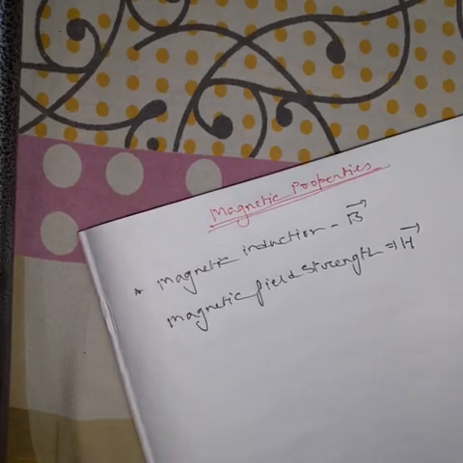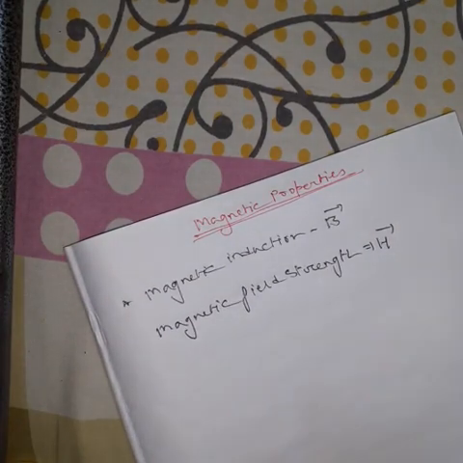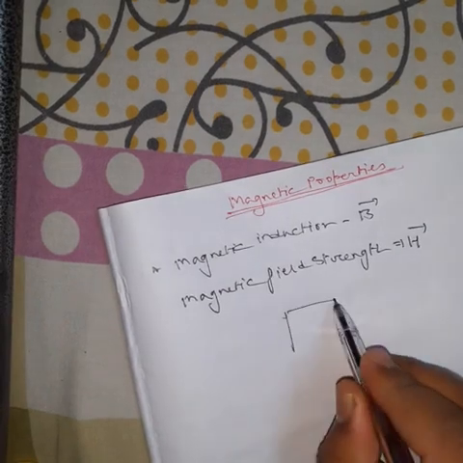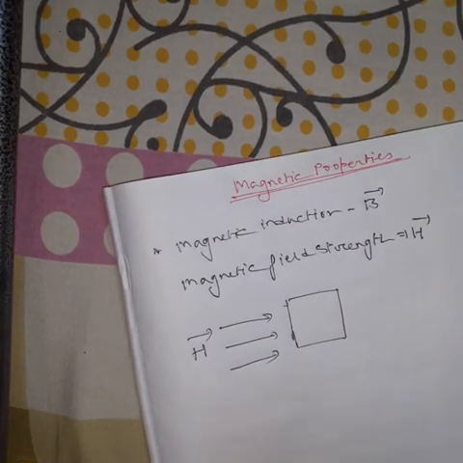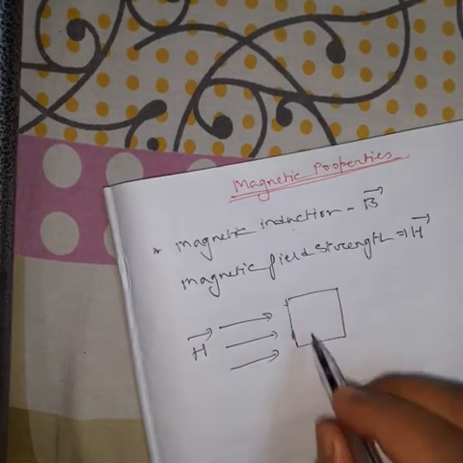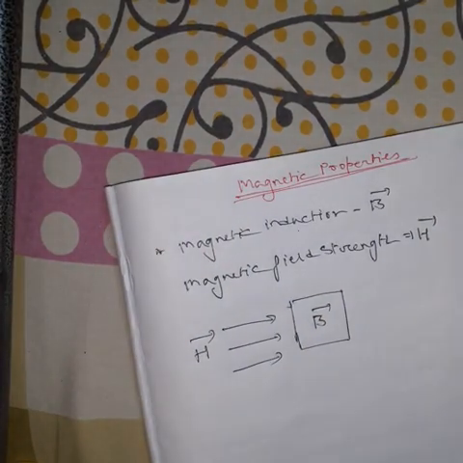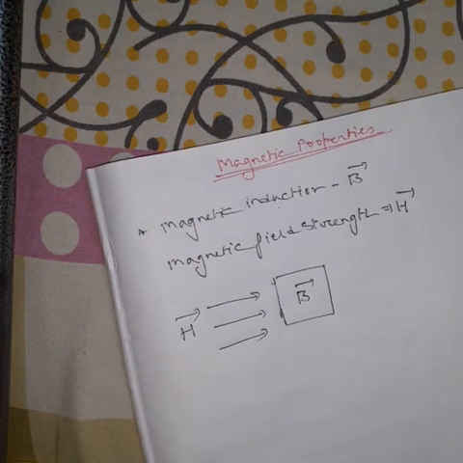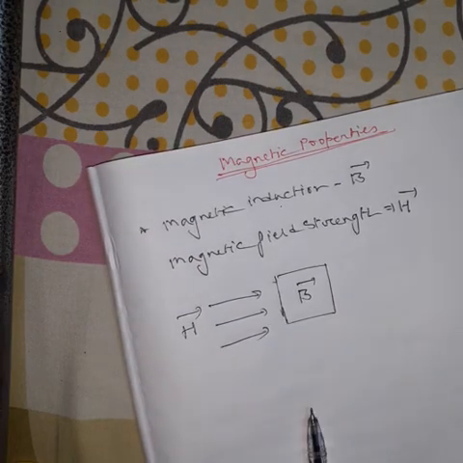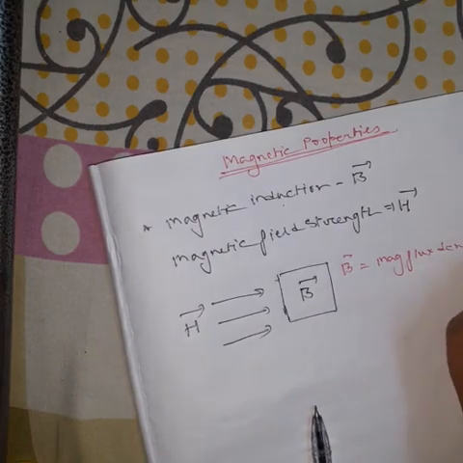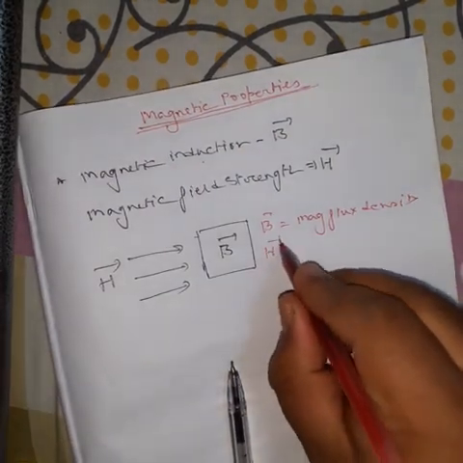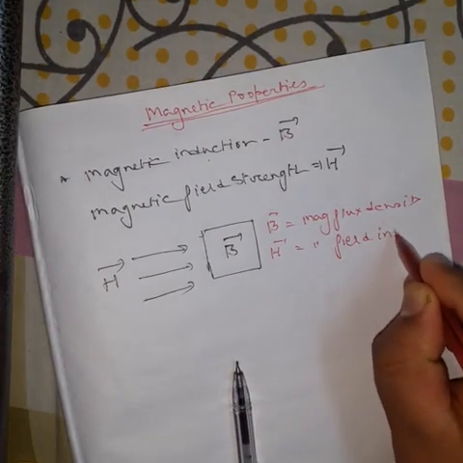So magnetic induction represents the magnitude of internal field strength within a substance subjected to a field H. So that means if I have a substance here, and I put a field, this field is H, then there will be induced magnetism, like induced dipole moment, there will be an induced magnetic moment, and the field within this is denoted by B. Okay, so basically B is my magnetic flux density, and H is magnetic field intensity.